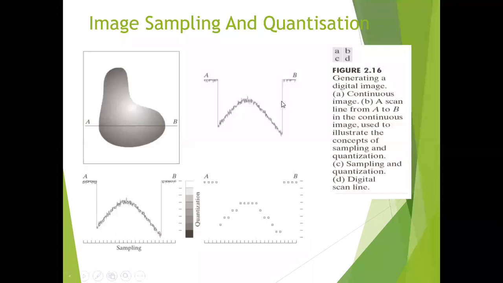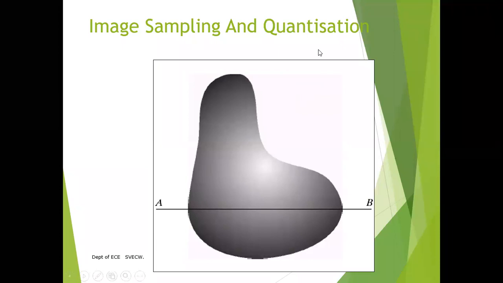See here, after the quantization, we do the sampling.